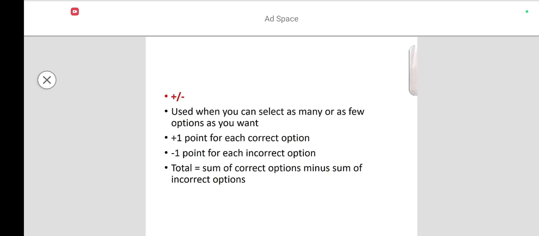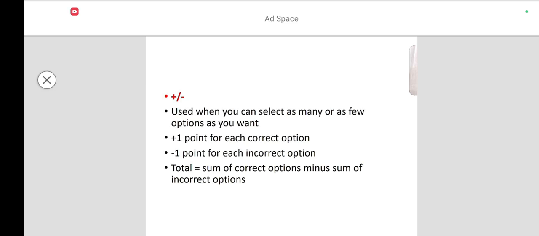Select all that apply. Used when you can select as many options as you want. Plus 1 point for each correct one and minus 1 point for each incorrect one. Total is the sum of correct options minus the sum of incorrect options. I already told you that if there are 4 correct answers and you select three options, there is one remaining that you did not choose, which means minus 1.